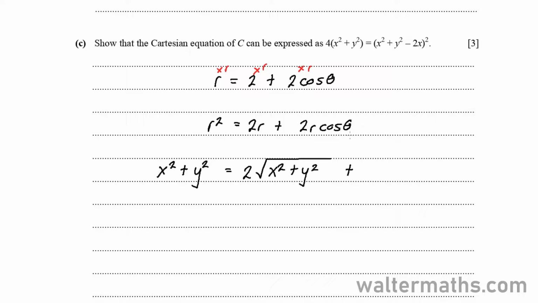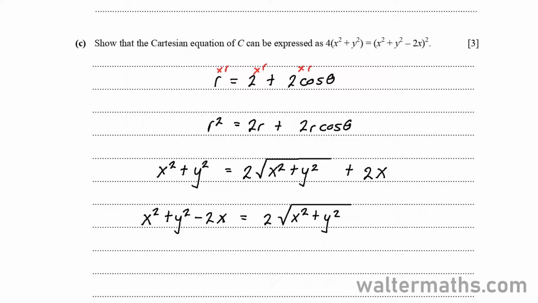Now r cos theta is x, so it's 2x here. So I'm going to subtract the 2x from both sides, which means I'll be having x squared plus y squared minus 2x equal to 2 of the square root of x squared plus y squared.